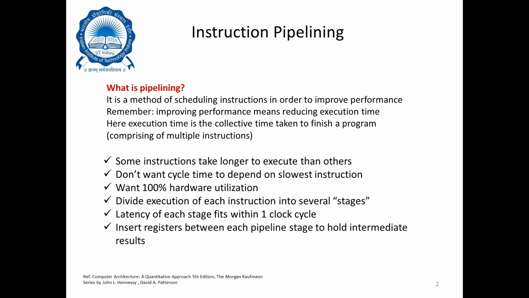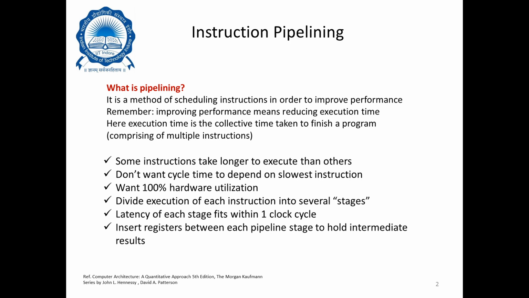Some important notes: some instructions take longer to execute than others. It's very intuitive. We don't want cycle time to depend on the slowest instruction. We would like to have 100% hardware utilization.